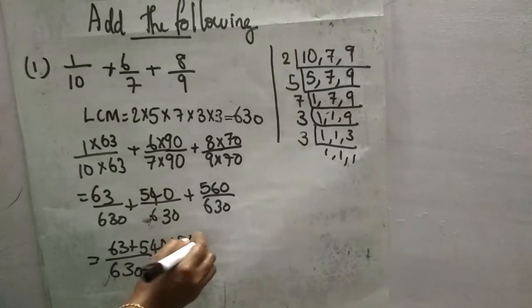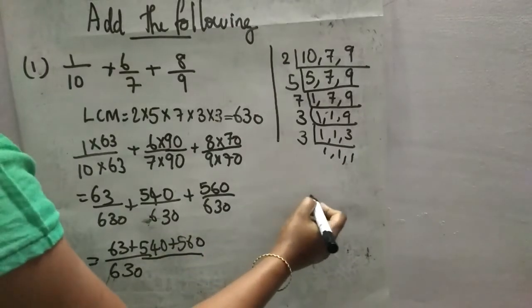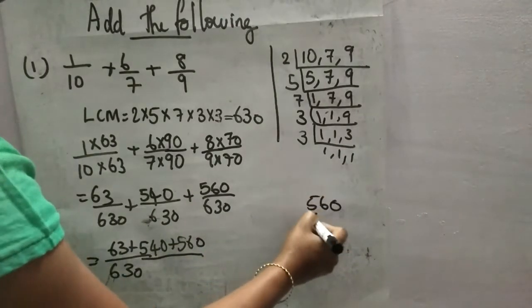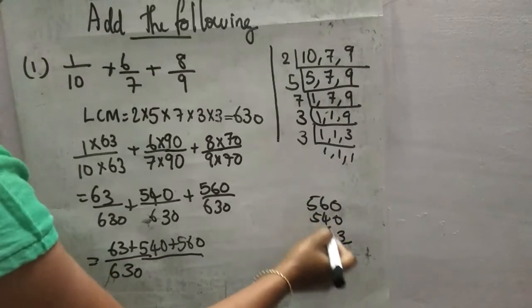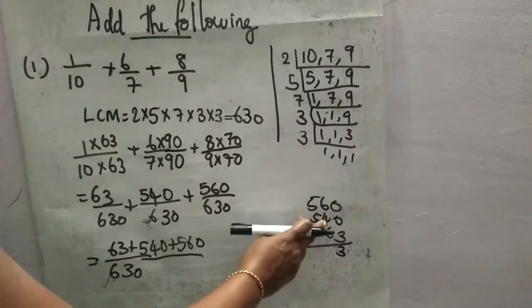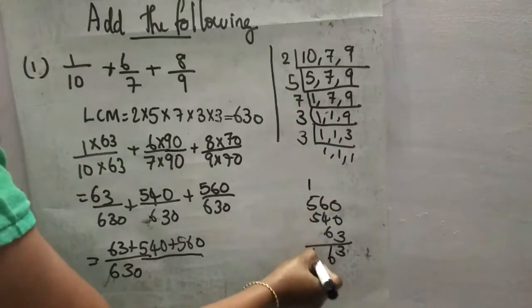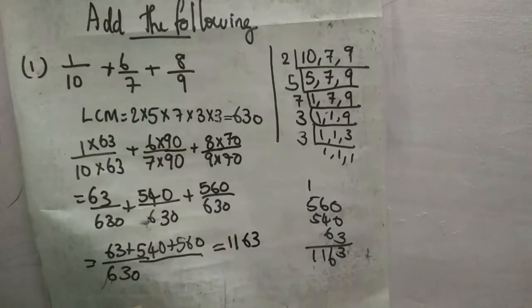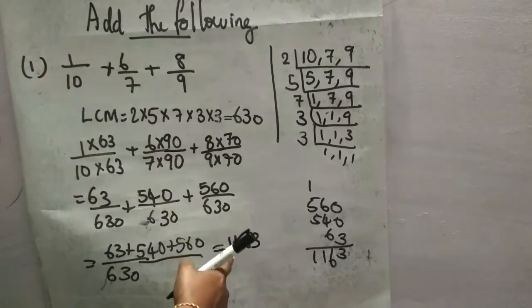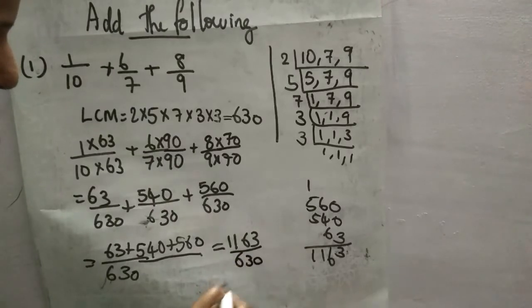What did you get? 560, 540 and 63. 3, 6, 11. 1163 by denominator same.